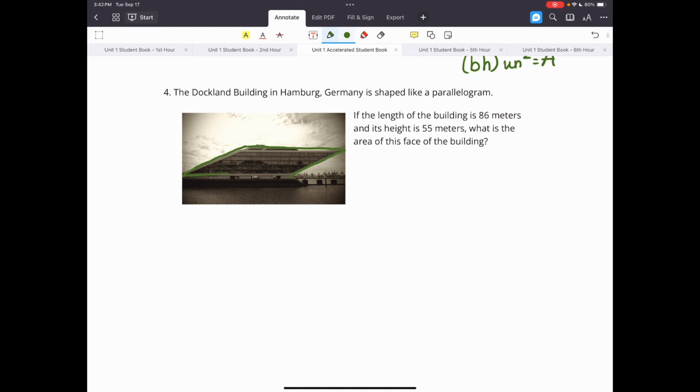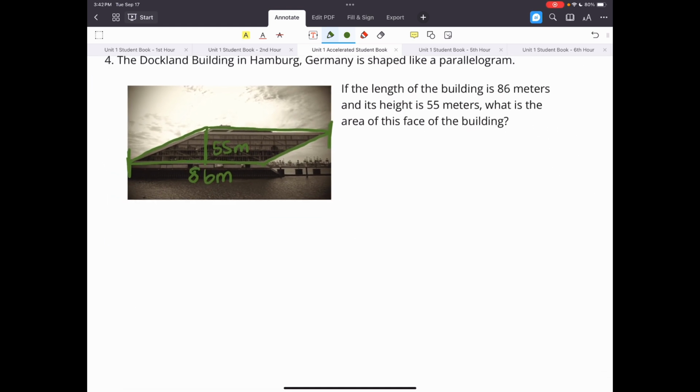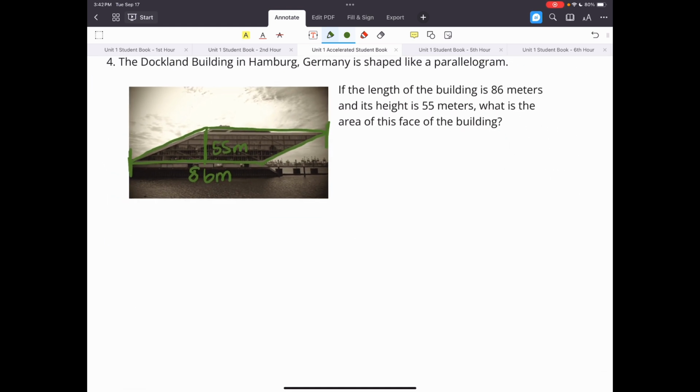Here is the parallelogram, that's the face, and they're telling us that the base, the length of the building, so here to here, is 86 meters, and then the height is 55 meters. So they want us to find the area of that. So checkpoint, do your multiplication out for this.